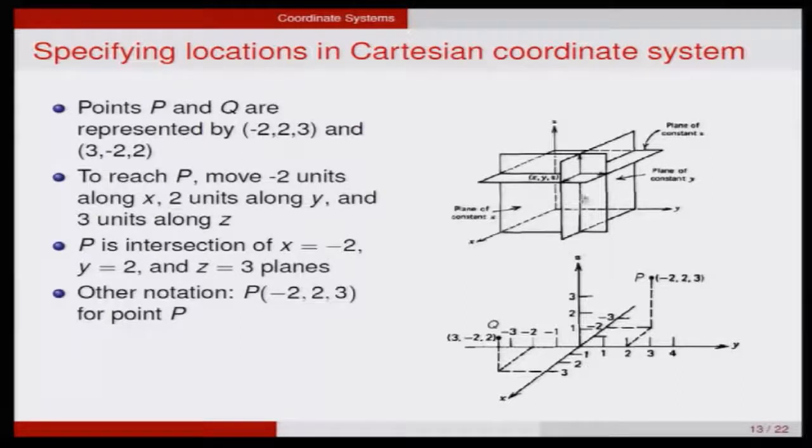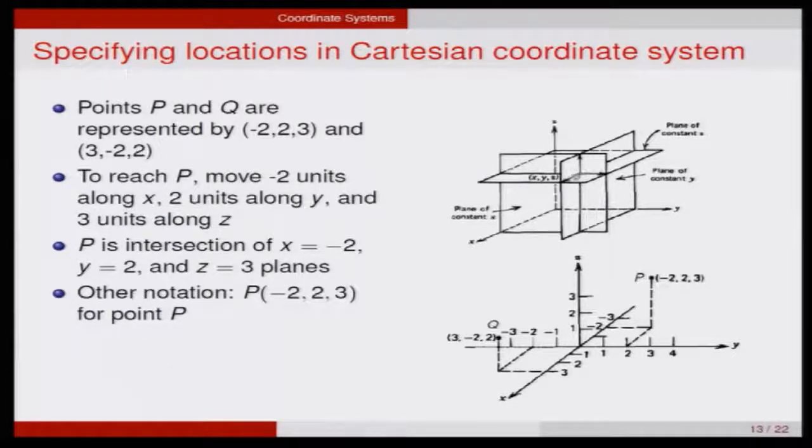So, whatever the value of y that I need to specify, I have to put up a plane here. The intersection of the planes x equal to constant and y equal to constant will give me 2 coordinates, x and y. To get the third coordinate, I now have to put up a plane which is z equal to constant. Okay. So, 2 planes will give me 2 coordinates, and the third plane will determine the final coordinate of the location in space.